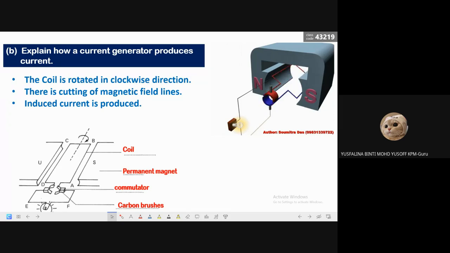Of course it will move, so it will rotate. And when it rotates, it will cut the magnetic field lines. So when it cuts the magnetic field lines, what will be produced? Induced current will be produced.